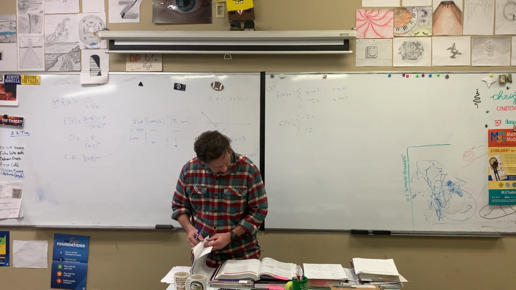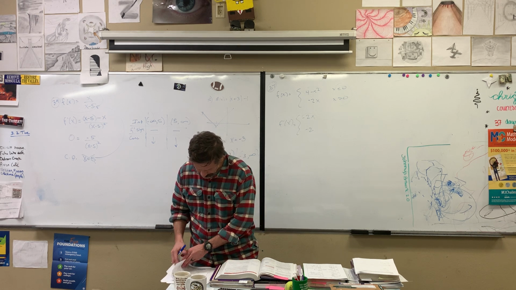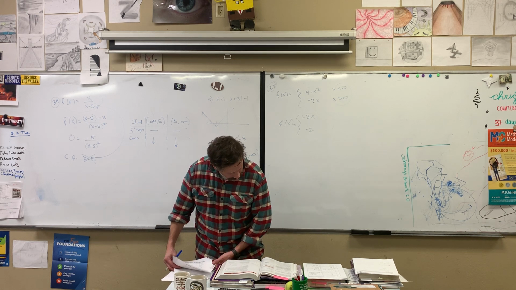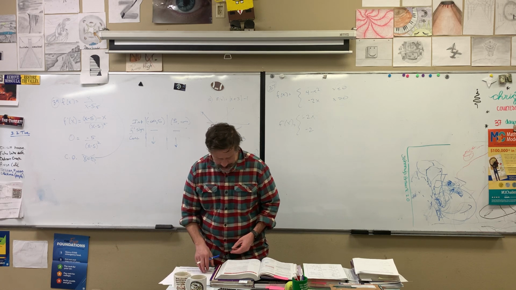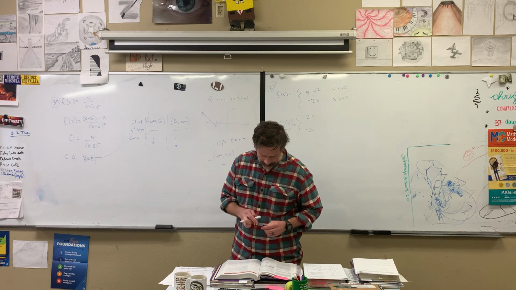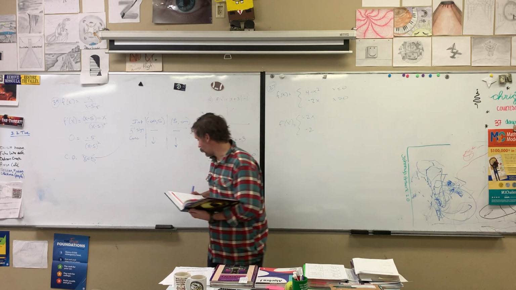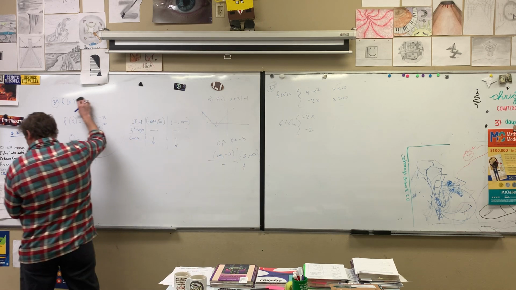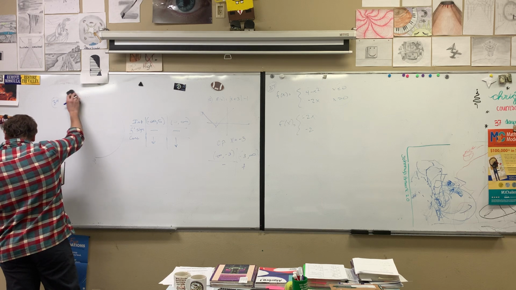So on 82 it says the function s of t, s being, remember, a distance function as opposed to speed or something, or a position function, another way we say it. So it says the function s of t describes the motion of a particle along a line.